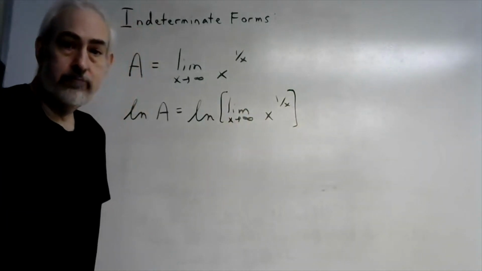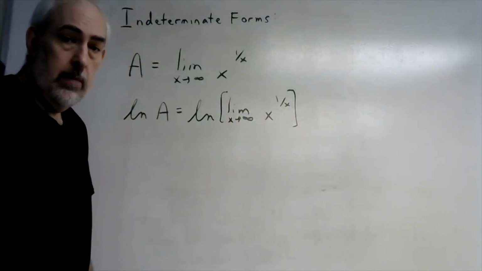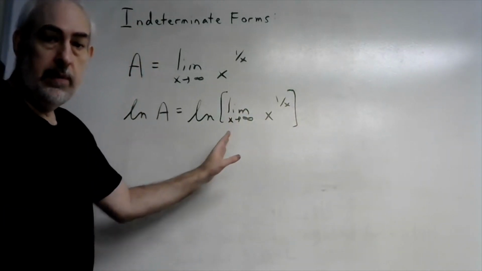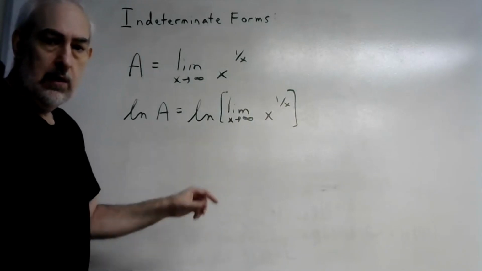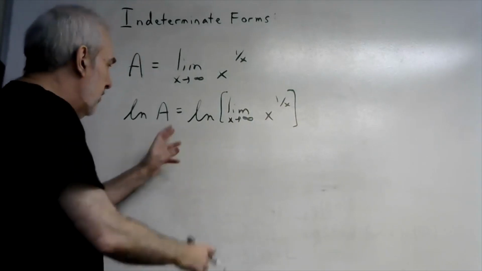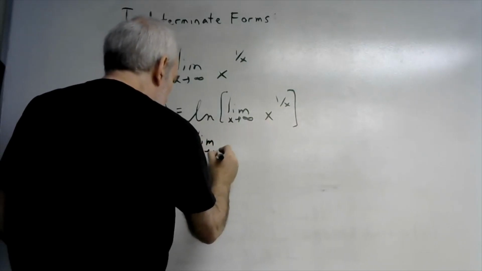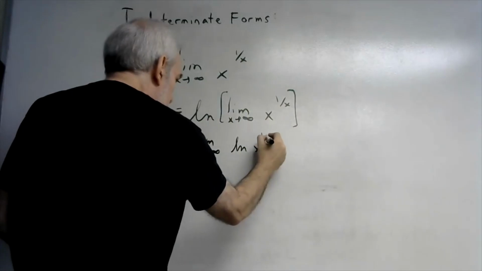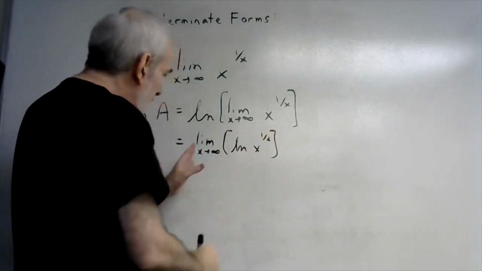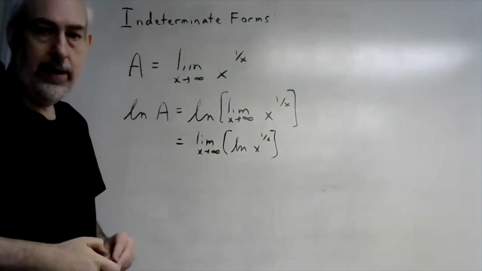Like that. Then, this is a property dealing with limits and the logarithm function: since log is a continuous function, you can switch the order of this. Write the limit on the outside and the ln on the inside.